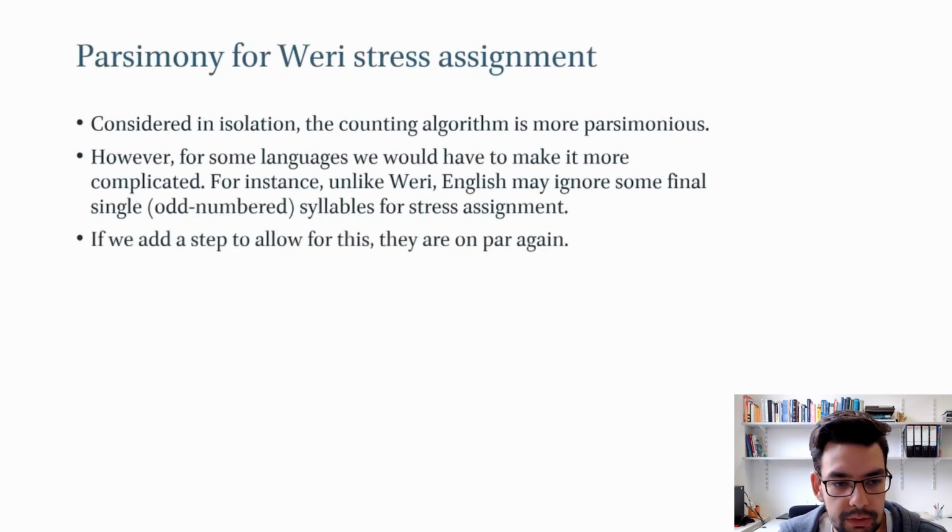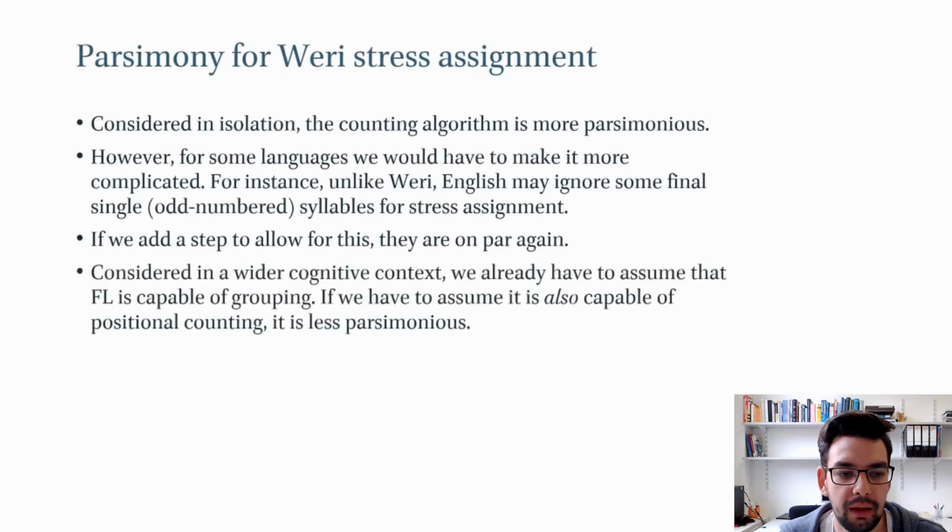So we add a step to allow for that, and then they're on par. So we can't say that one is more parsimonious than the other, because, and this is about the assumption, not really about the number of steps, but about the assumption that that step exists or is possible. I should make that very clear.